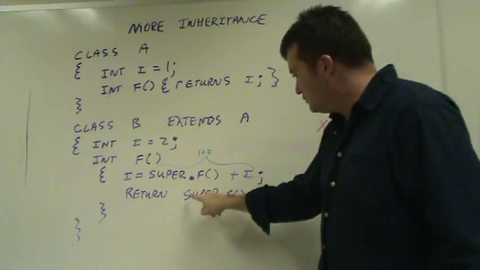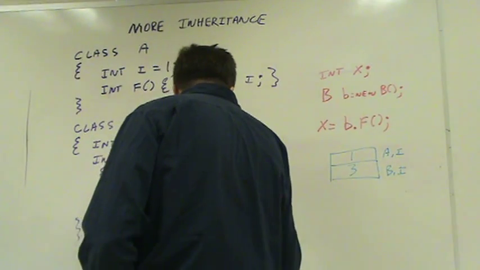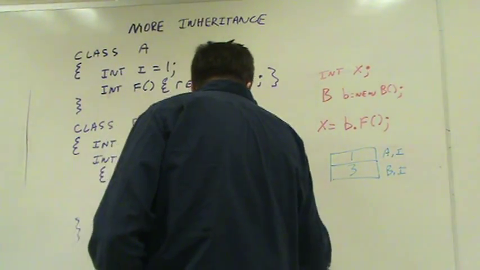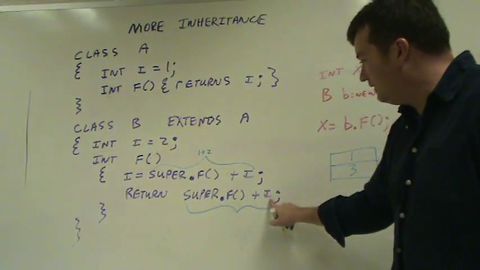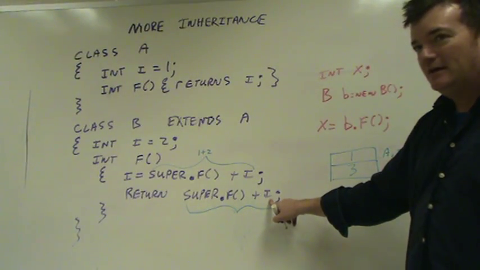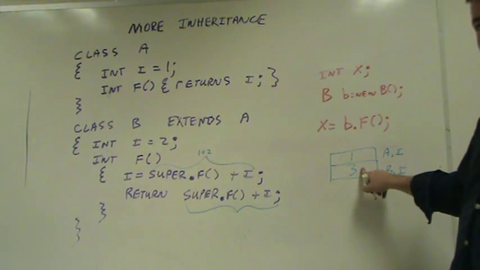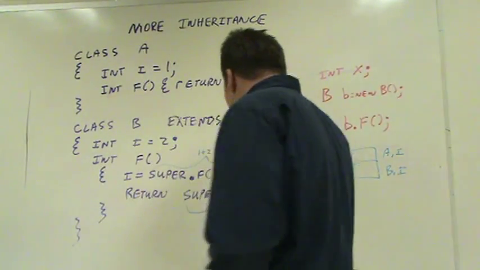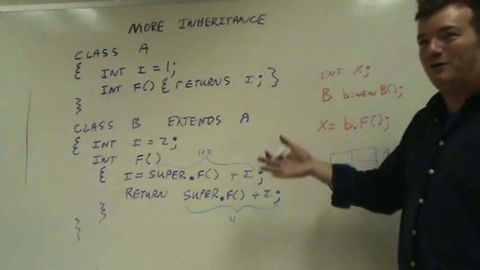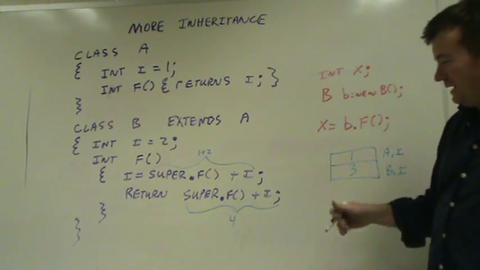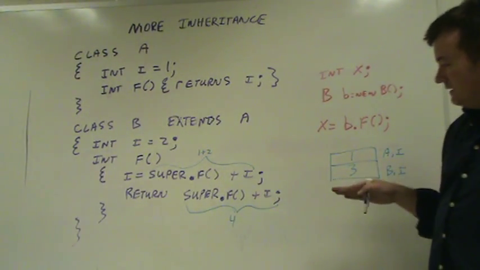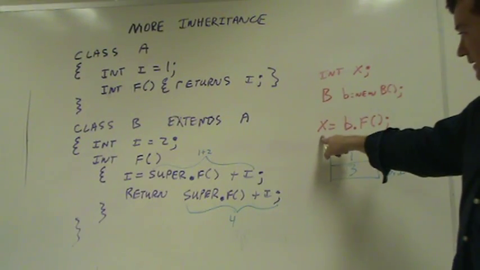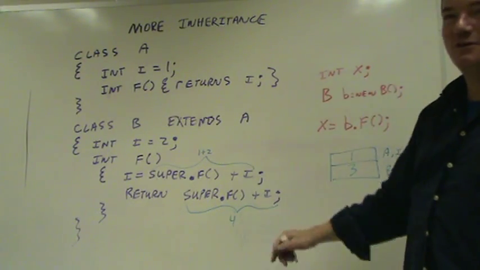So this returns a 1, and this value I is the 3. So this adds up to 4. It's kind of the same computation again. But this X would become 4 after this code ran.